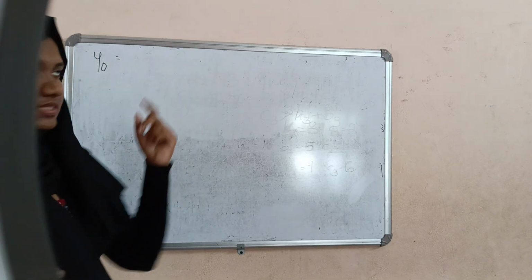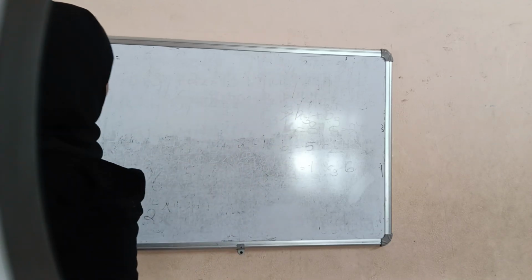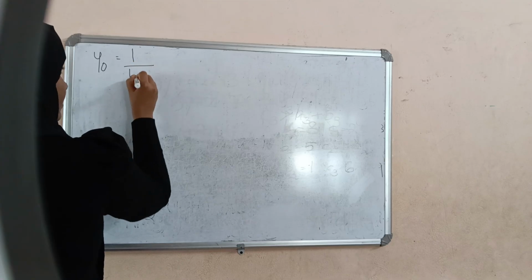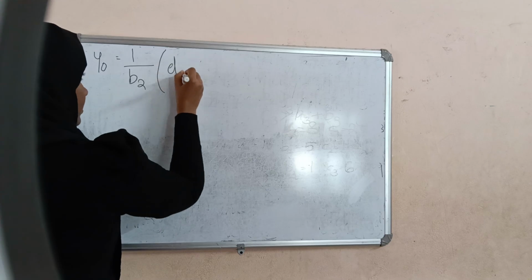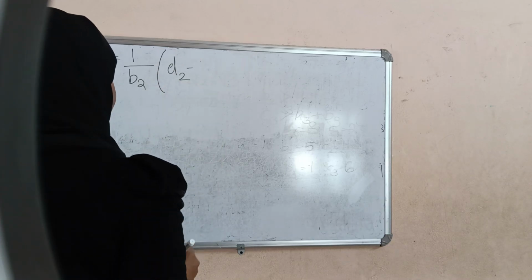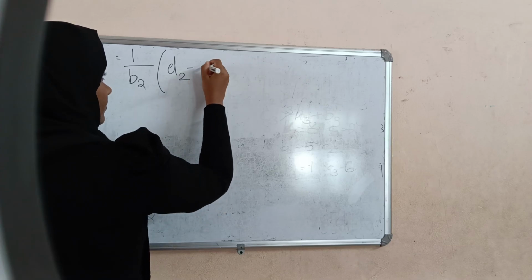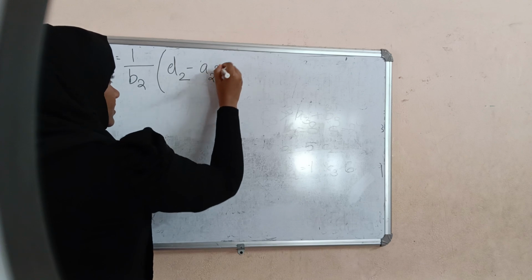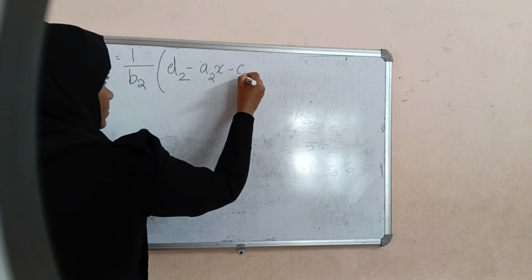As we did for the previous one, y0 will be 1 by b2 into d2 minus a2x minus c2z.